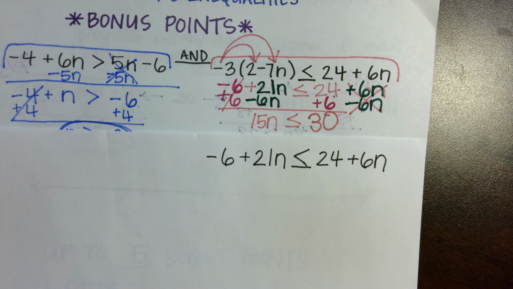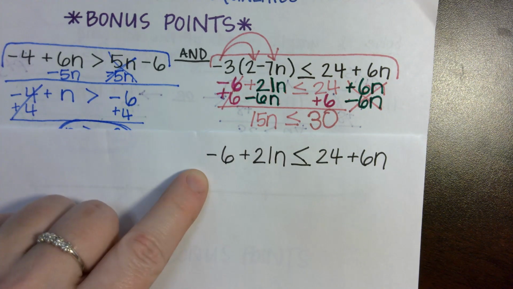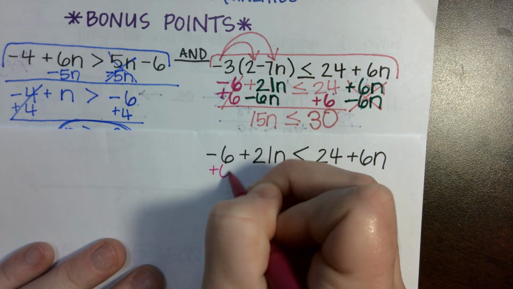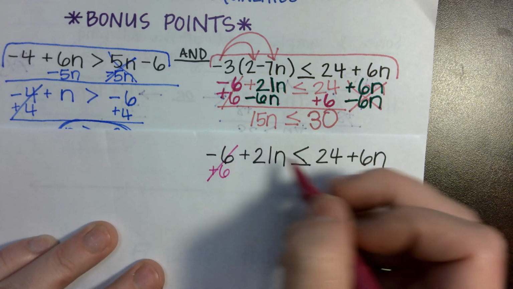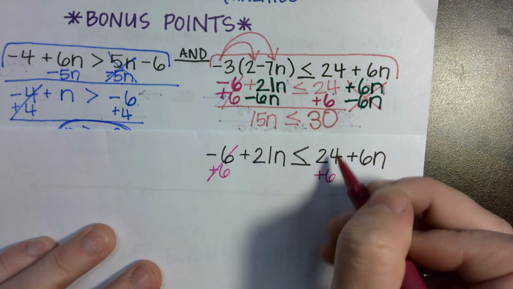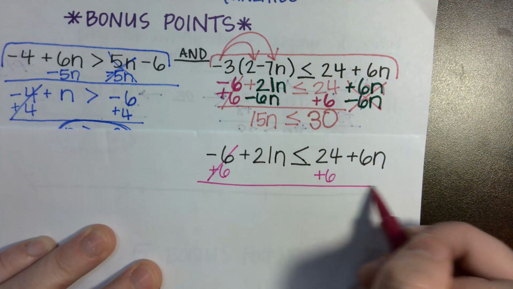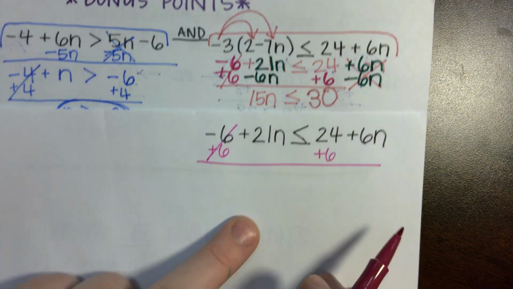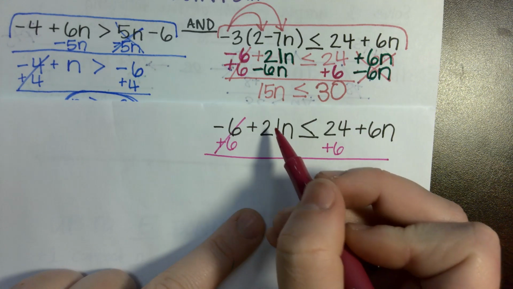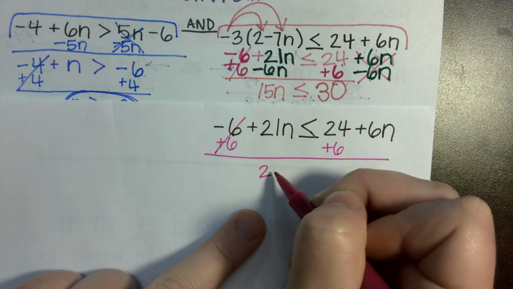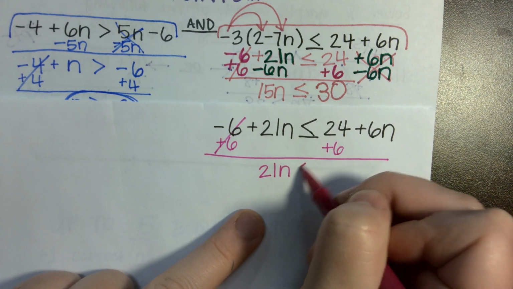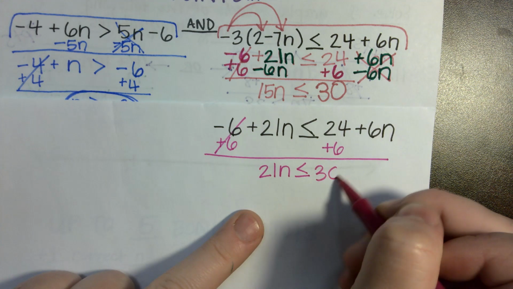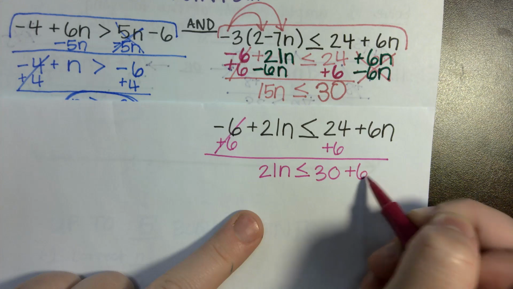Okay. So, Dorica, you did +6 first, right? Right. Okay, so let's do that. +6, and my 6's cancel. And I also do +6 under my 24. Okay. So now, did you bring everything down next? Okay, so 21n is less than or equal to 24 plus 6 is 30, and we still have +6n.